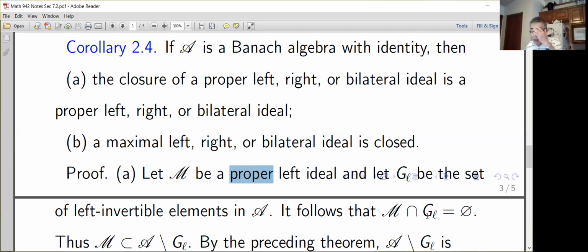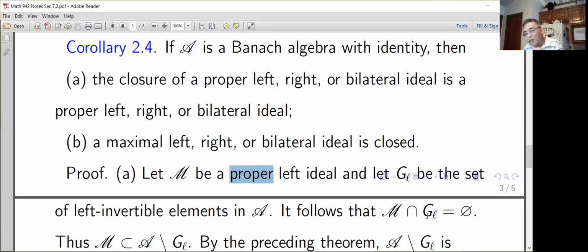So basically, we need to understand the following. Any proper ideal does not contain an invertible element. A proper left ideal does not contain any left invertible element.